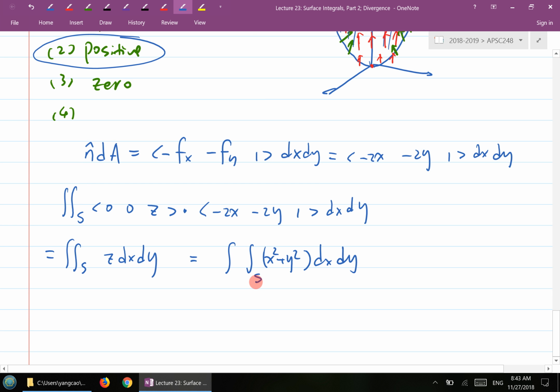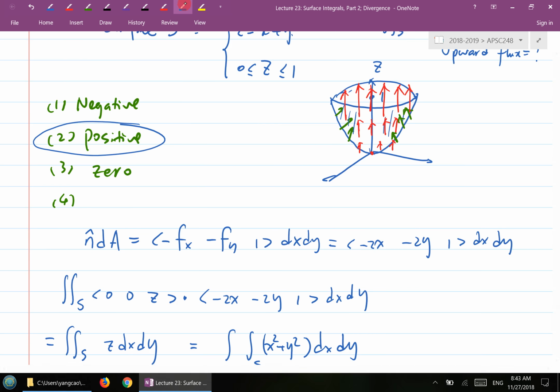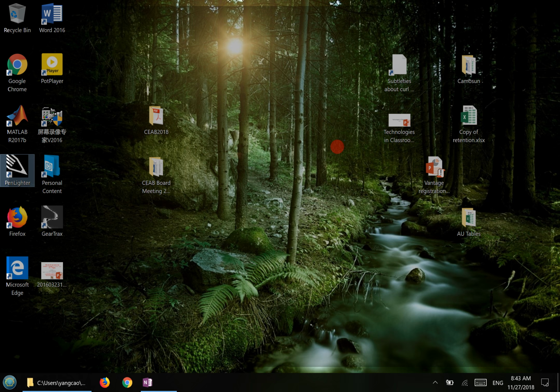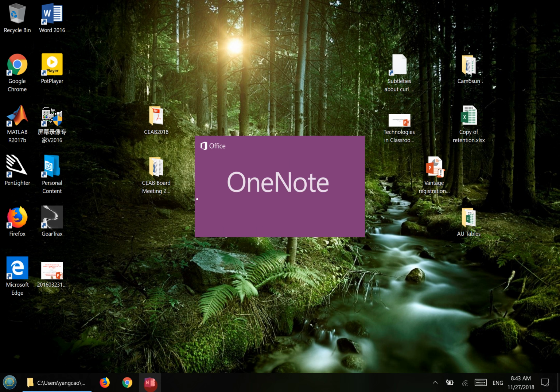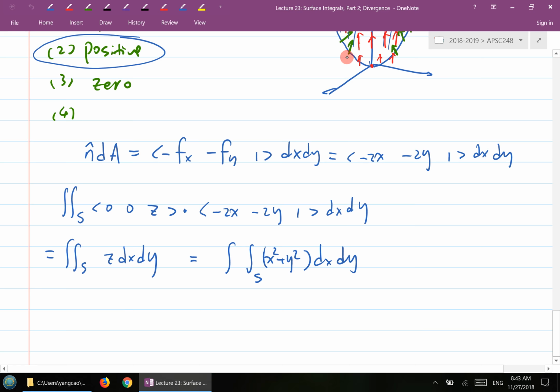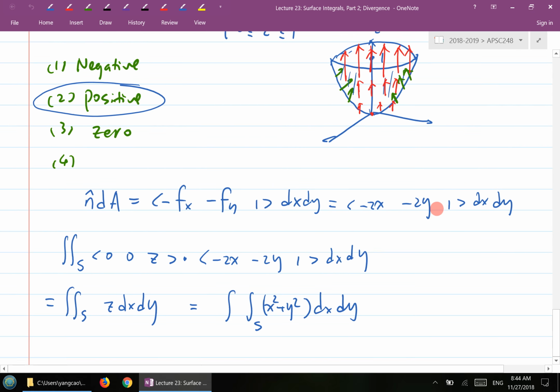So finally, it's all about x, y now, and it's all about finding the x, y limits. The x, y limits can be found through the shadow of this surface. You drop the shadow into the xy plane.